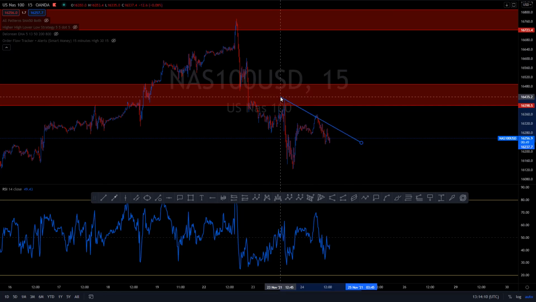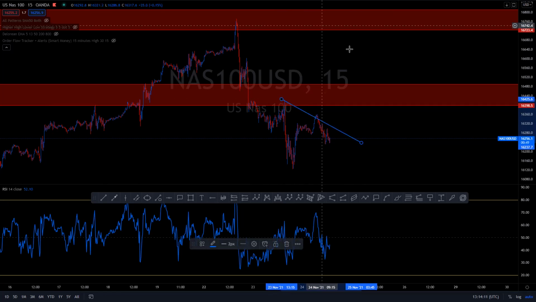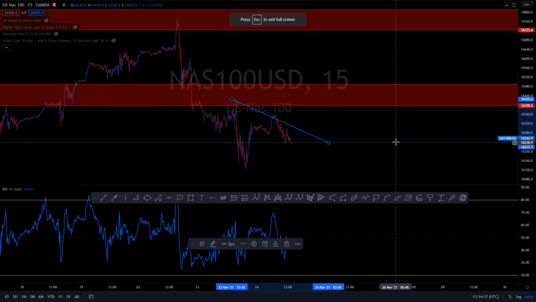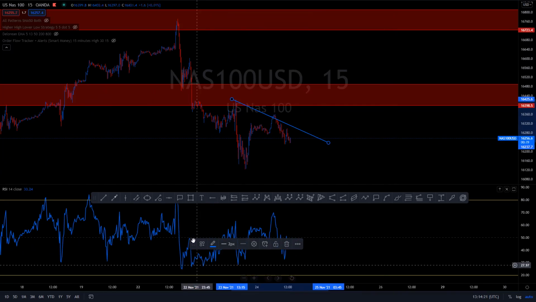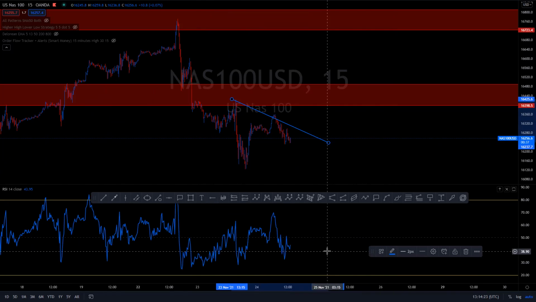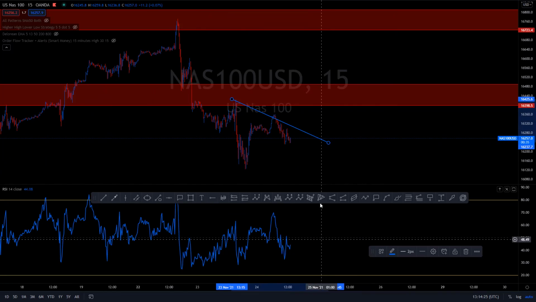But of course, our final determining factor on what trend price is going to be based off of what imbalances they're going to try to actually fill.